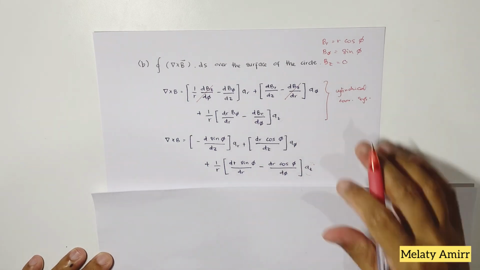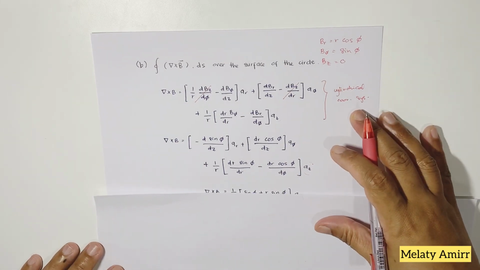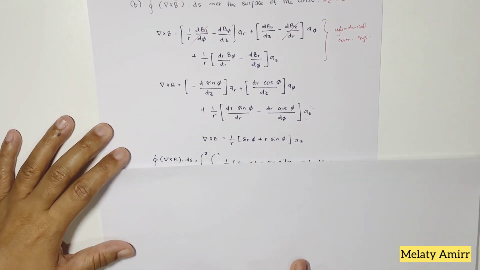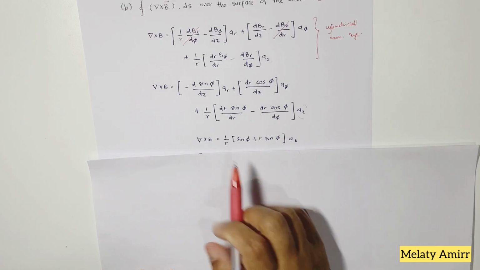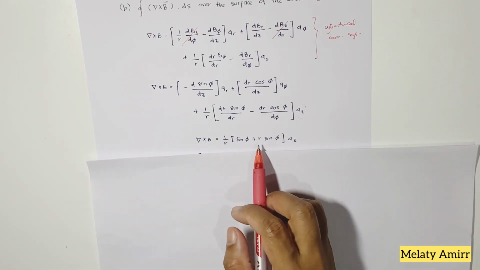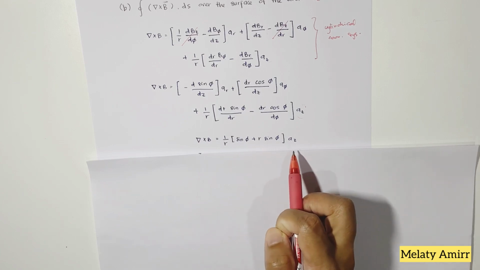It's different. So just proceed, do the differentiation. You will get the answer, 1 over r sin phi plus r sin phi a_z.